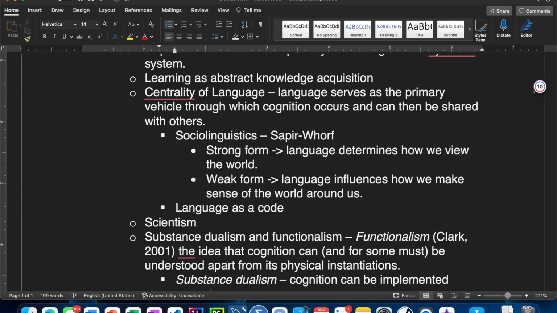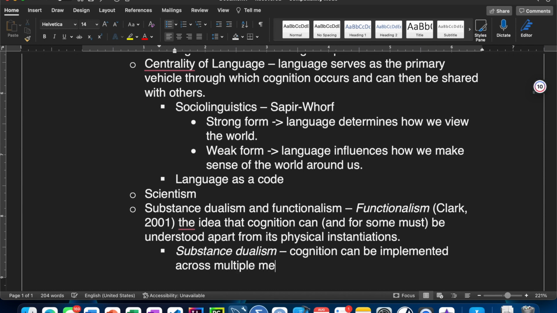So substance dualism. Implemented across multiple media. And this gives rise to notions like cognitive affordances. So as you're teaching, your lesson plan that you carry with you, that you have open in front of you as you move through your lesson or off to the side as you move through your lesson, this is an example of you having offloaded some of that cognitive labor onto a physical media, right?